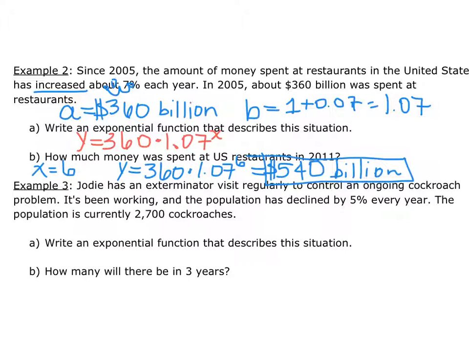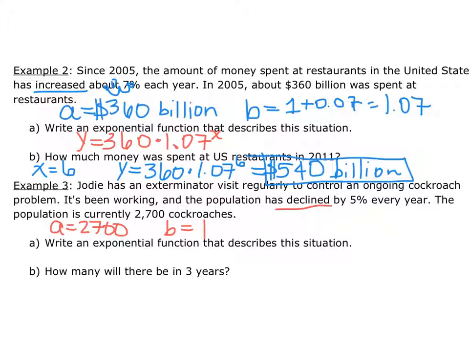Would it be 1 minus? Yes! So let's do a first, and then let's talk about b with everybody, Robin, because you're exactly right. So a is 2,700, because that's how many cockroaches Jody starts out with, right? And then b, it says that the population is declining by 5%. So Robin said we're going to subtract.